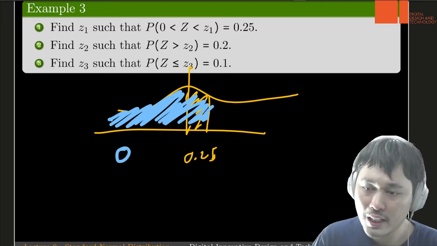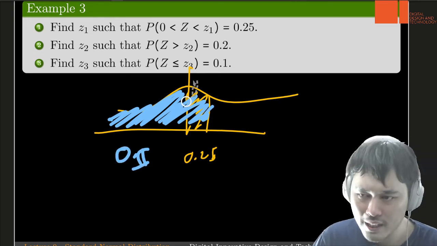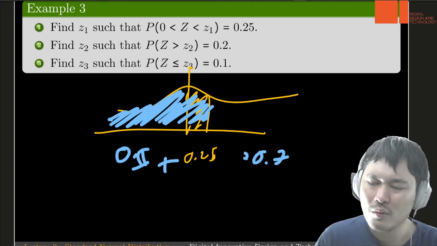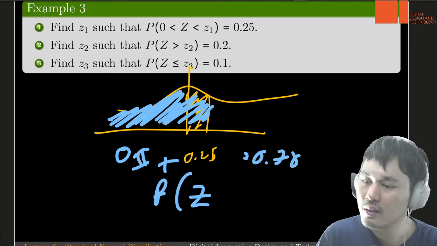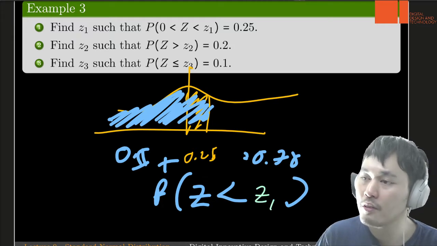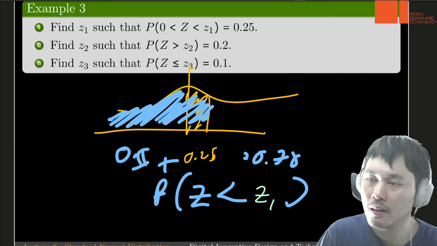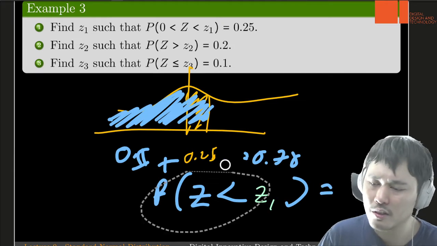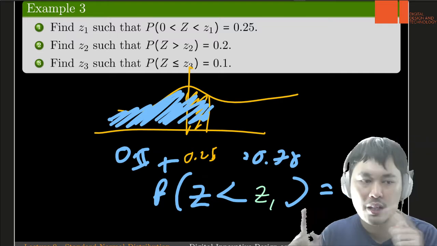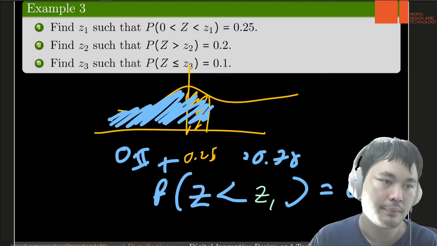If that is 0.5, and we know that the left half is 0.5, then we can instead ask for the value of z1, or any value, such that this probability is 0.75. Now we can use that thing we had.